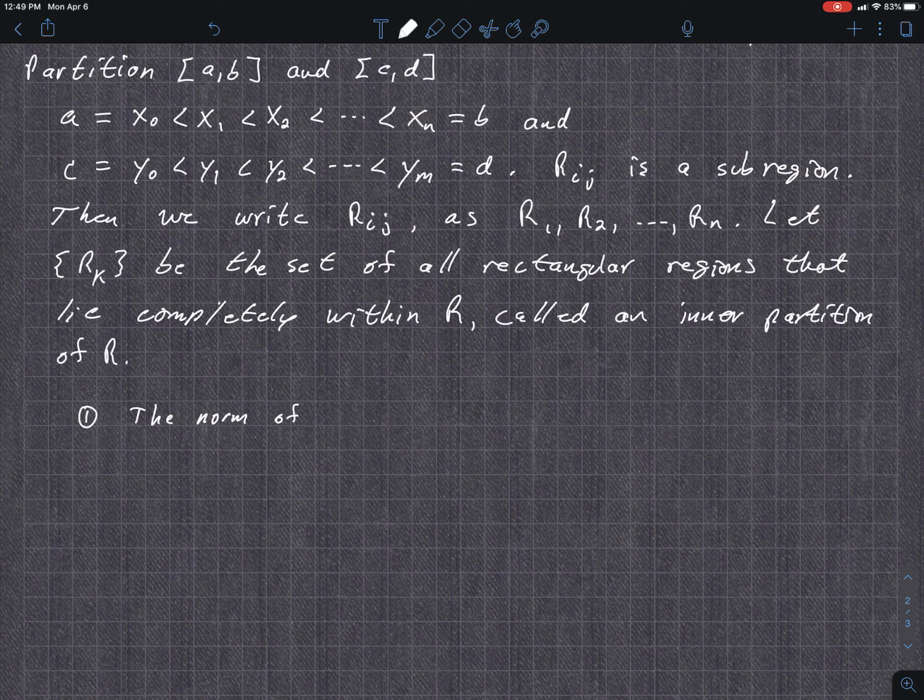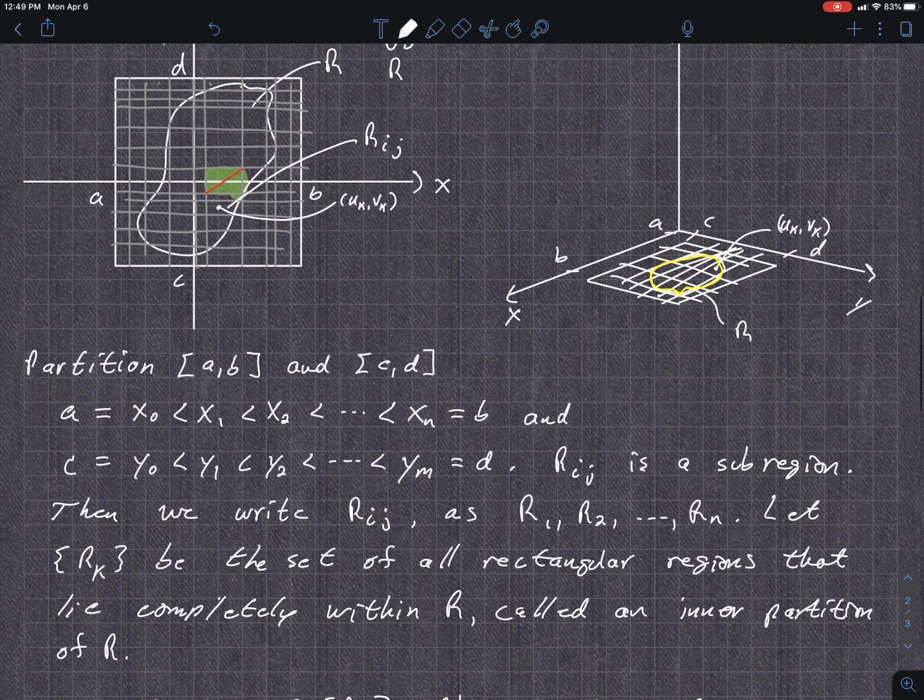The norm of the set of all the R sub k's, and we define it or write it the same way. Norm P is the length of the largest diagonal of each of the R sub k's.